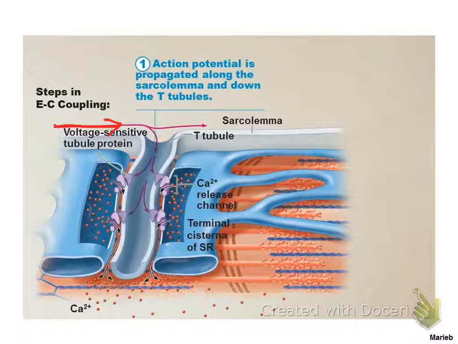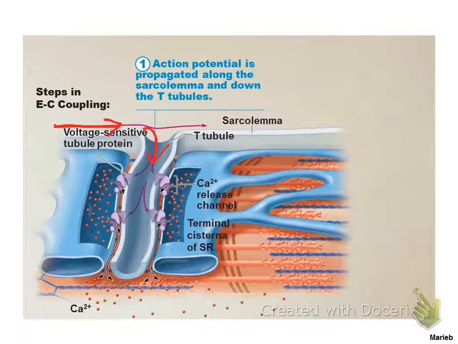And notice how when it hits the T-tubule, it goes down inside the T-tubule. Well, it does that because that way it can change something inside the membrane of the T-tubule. Because the T-tubules have voltage-sensitive proteins. It's kind of like a voltage-gated channel, but it's not a channel.